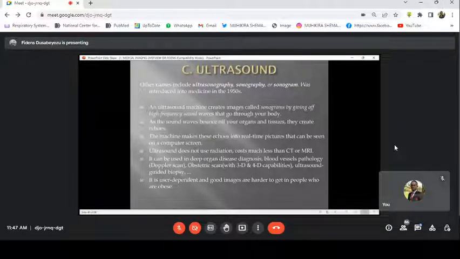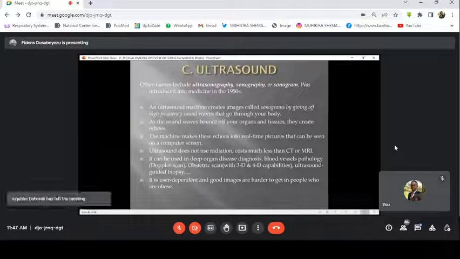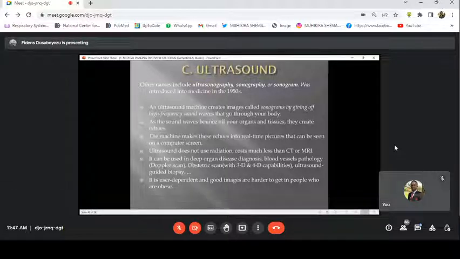For example, air. Air is an enemy of ultrasound because air blocks ultrasound waves completely. The waves cannot pass through air and see something behind the air.